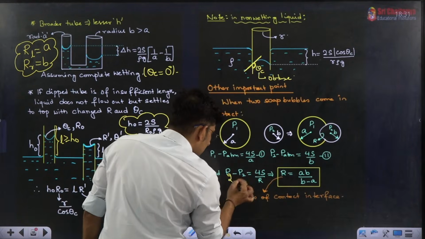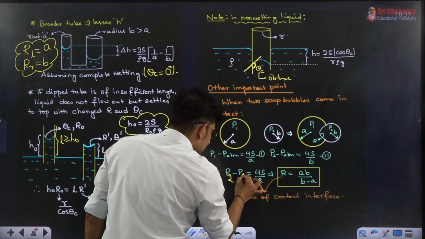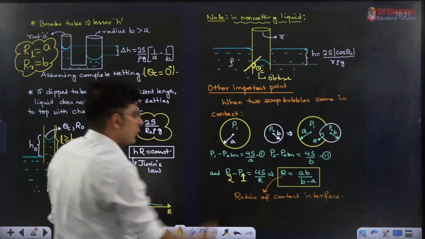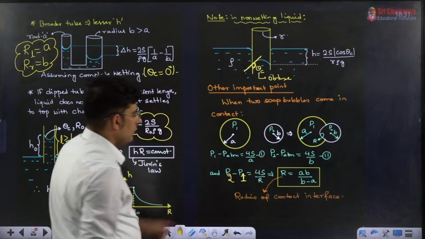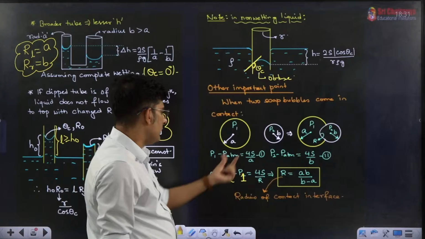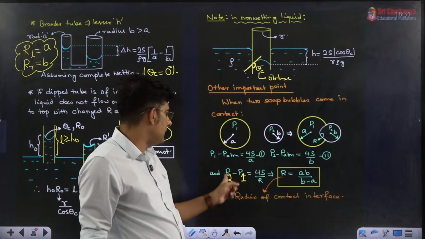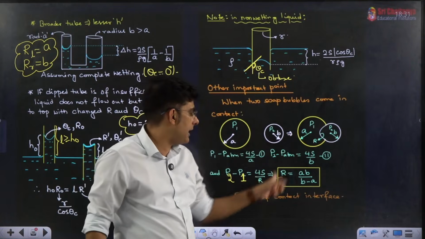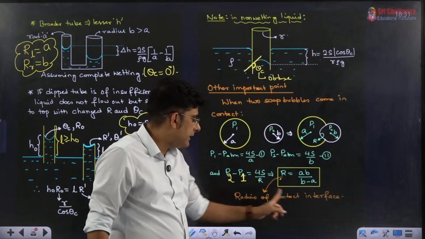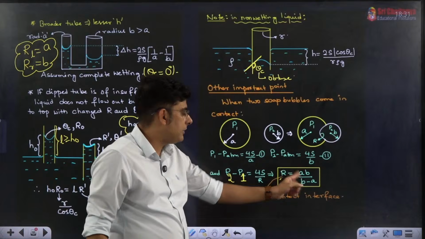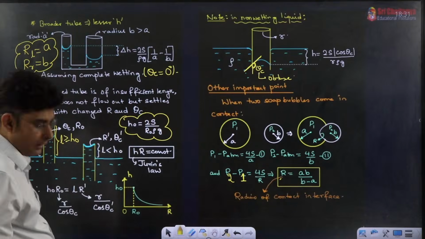So P2 minus P1 will become 4s by R. And how to get P2 minus P1? Just subtract 2 and 1, and you will get P2 minus P1 in terms of A and B, and here you are getting P2 minus P1 as 4s by R. When you combine, you get capital R is AB by B minus A. The radius of the contact interface is AB by B minus A.